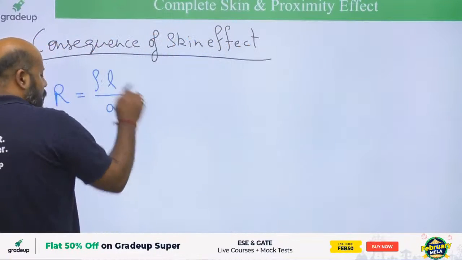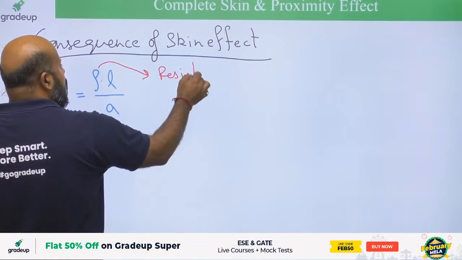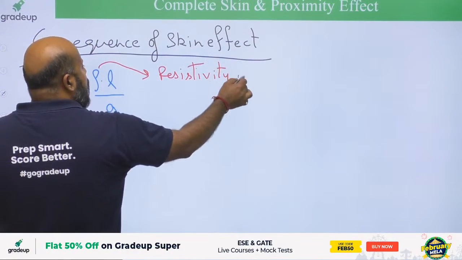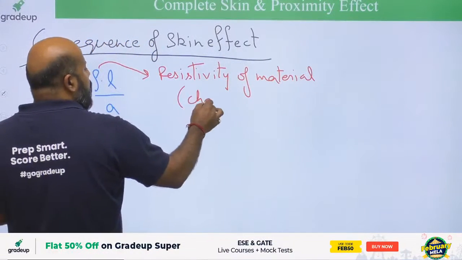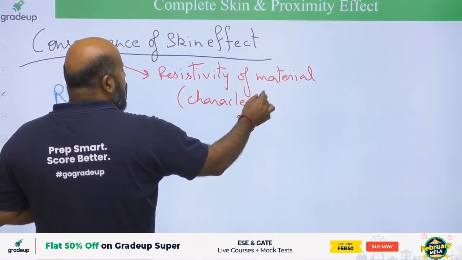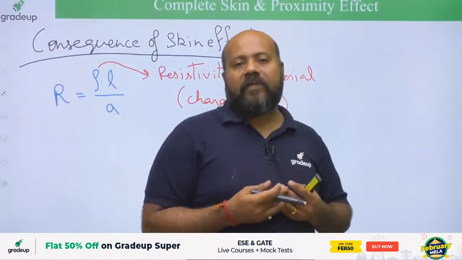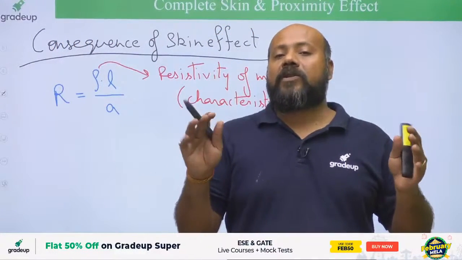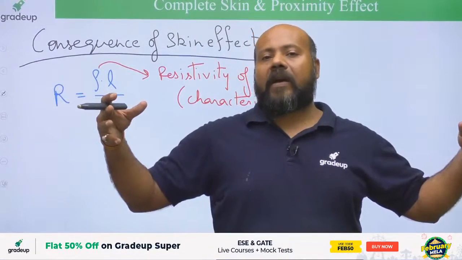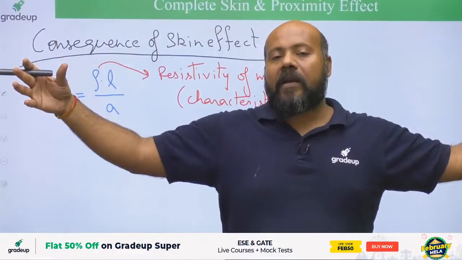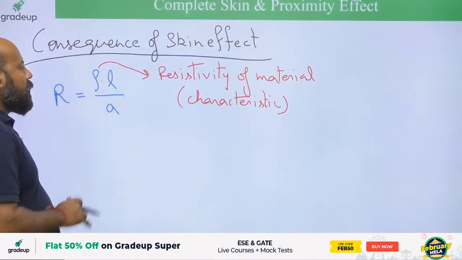This rho we are defining as the resistivity of the material, and this is a characteristic of the material. When we say something is a characteristic of something, it means it is not going to be changing. It is a constant. For example, whether you have a 1 meter length of wire or a 10 kilometer length of wire, the resistivity, which is the characteristic of the material, is not going to be changed.